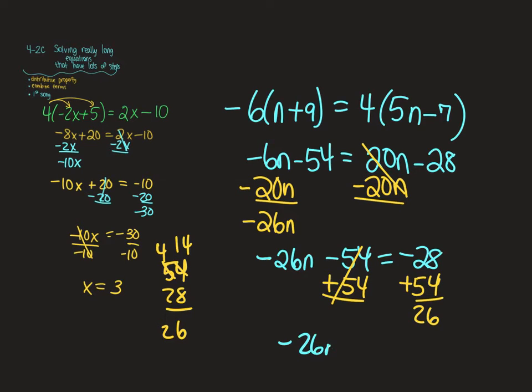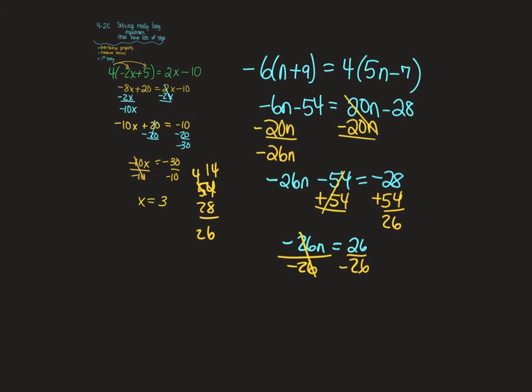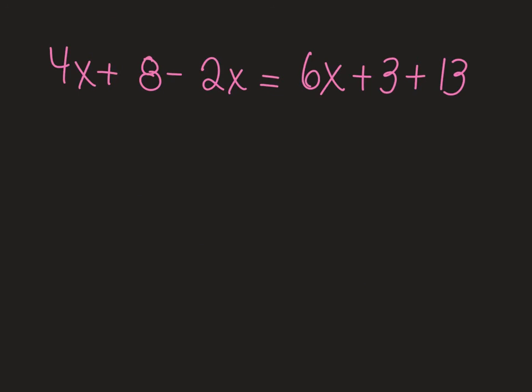Negative 26n equals 26. Divide by negative 26 over here. Cross out what's my answer. N is going to be negative 1. So I had to distribute on each side. Then I could start singing my songs, rewriting, singing my songs.